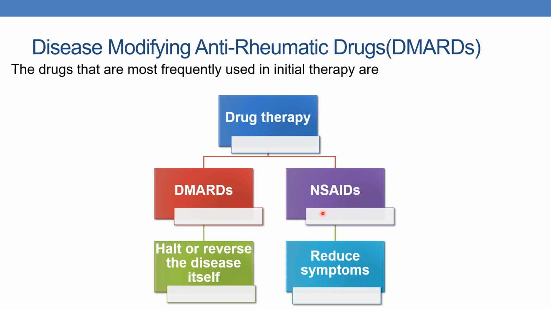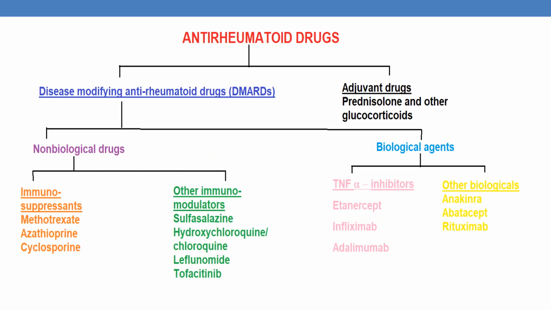Though they are the first line of drugs, they only relieve the symptoms, whereas disease-modifying anti-rheumatic drugs halt, that is stop or reverse, the disease itself. Now coming to the pharmacological classification of anti-rheumatic drugs, they are categorized into two types, DMARDs and adjuvant drugs, which are prednisolone and other glucocorticoids.